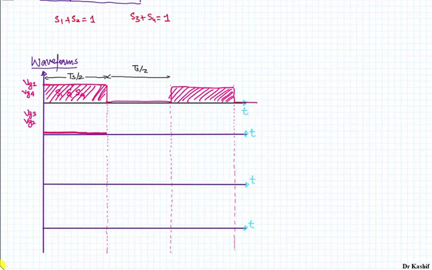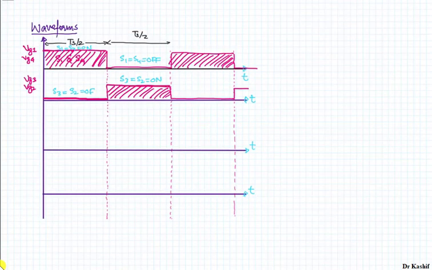That will be 0 for the time for which your switch 1 and 4 are in the on state, and once switch 1 and 4 are turned off, your switch 3 and switch 2 are turned on by applying the gate voltages. Okay, so the gate voltage for the switch 3 and 2 is indicated by this waveform.